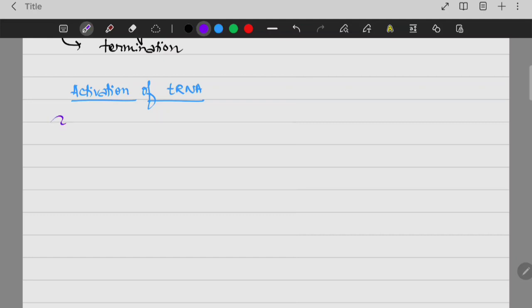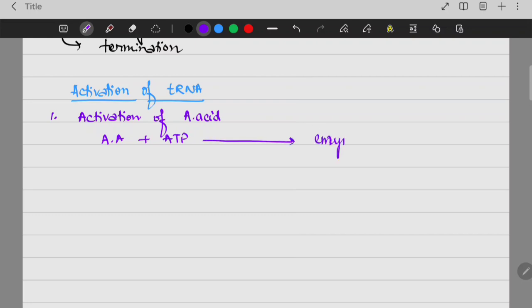Now activation of tRNA has two steps. First one is activation of the amino acid. Means the amino acid is activated by the process I am writing in a flowchart: amino acid with ATP forms the enzyme-AMP-amino acid complex. Here the enzyme is the aminoacyl tRNA synthetase.